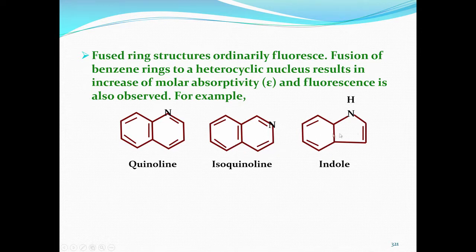Here there should have been one more bond, in conjugation with this bond. So, all these kinds of fused ring structures will fluoresce, and many more structures with 3 rings, 4 rings, 5 rings will definitely have a probability of fluorescing.